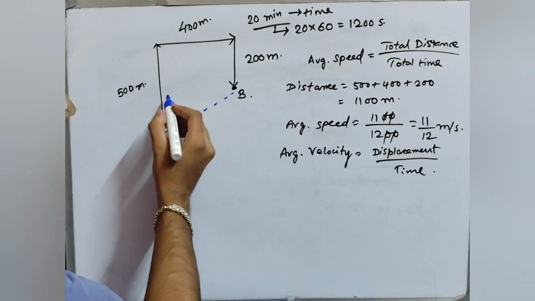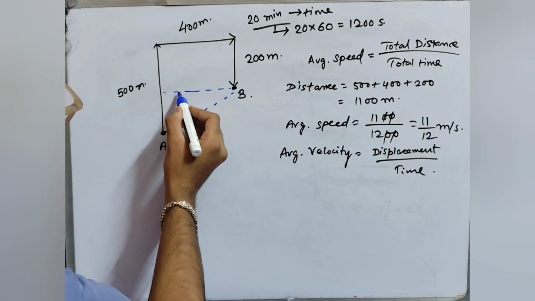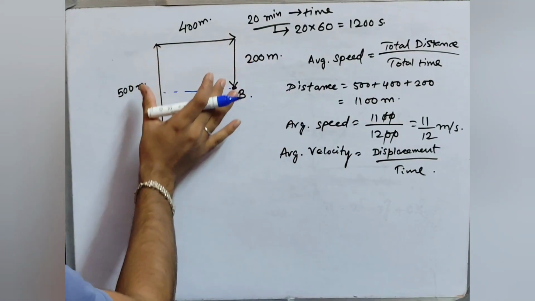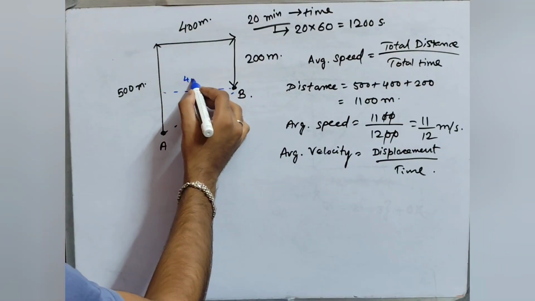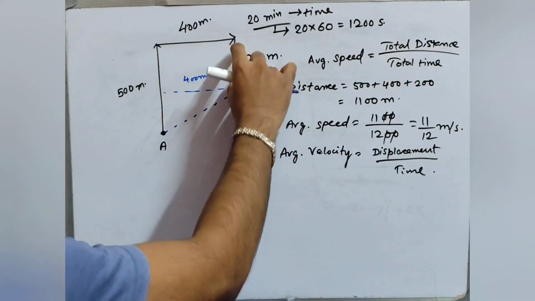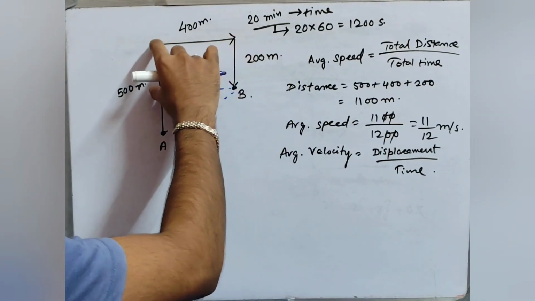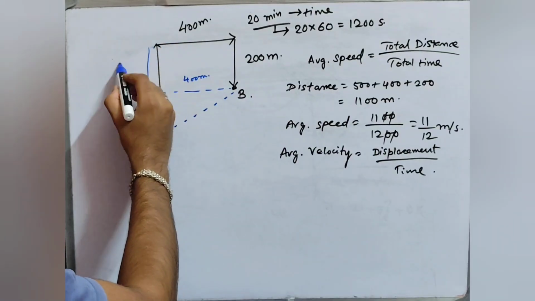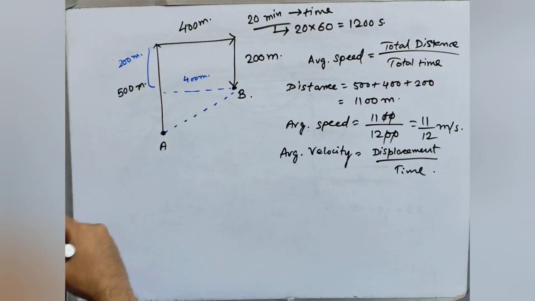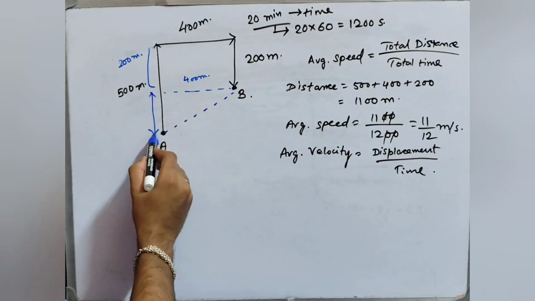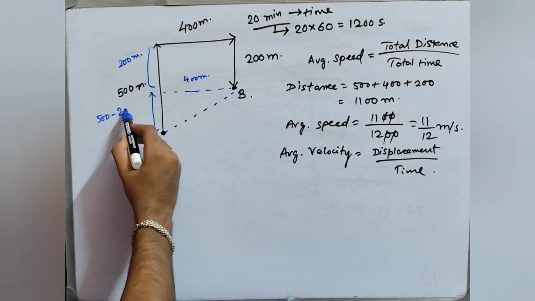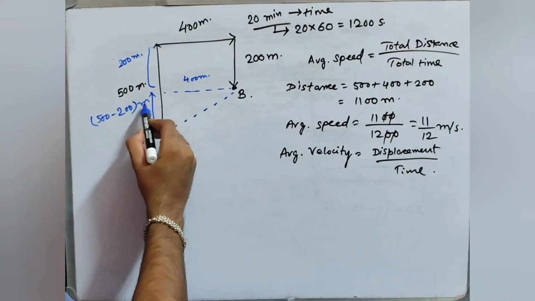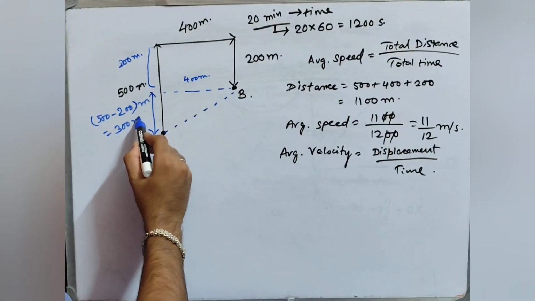As this is 400 meters, this part is also 400 meters, and this one is 200 meters, so this is also 200 meters. So this part is 500 minus 200 meters, that is 300 meters.